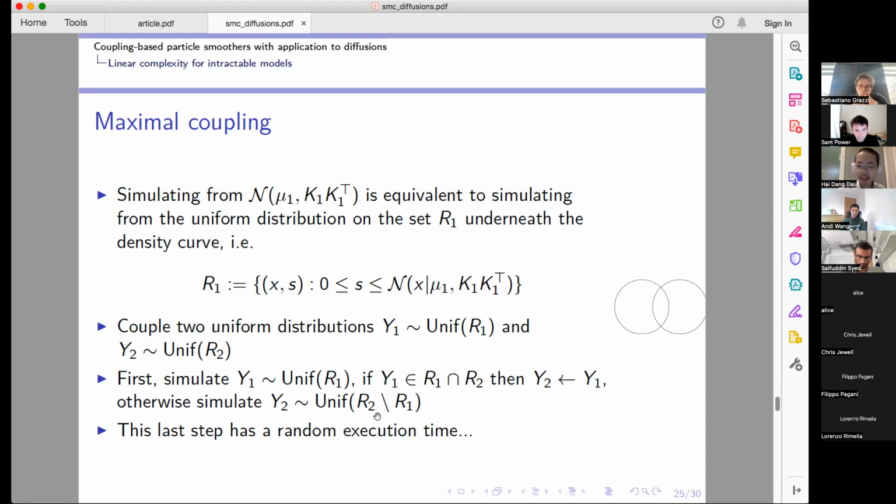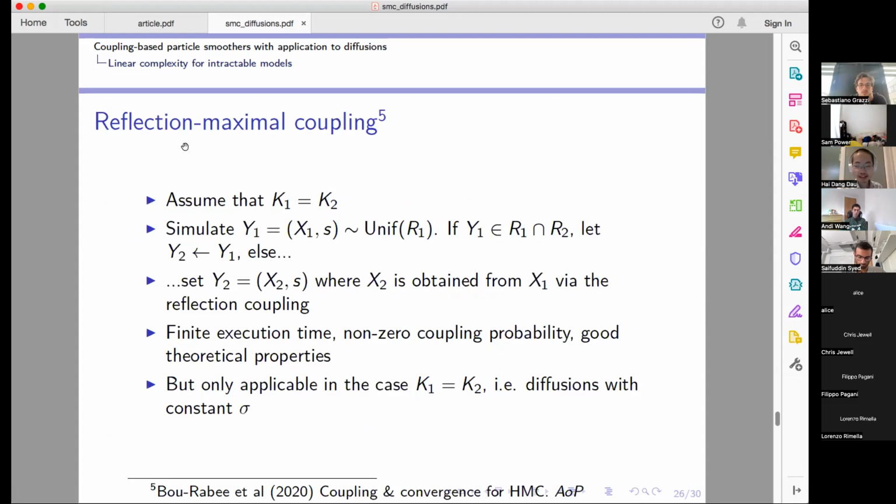This cannot be done in an obvious way, because the only obvious way is to simulate independently, uniformly on R2, and then wait until your Y2 gets out of the intersection. So it has a random execution time, and when R1 and R2 are close together, it can take a really long time before your simulation finishes. That's the downside of maximal coupling.